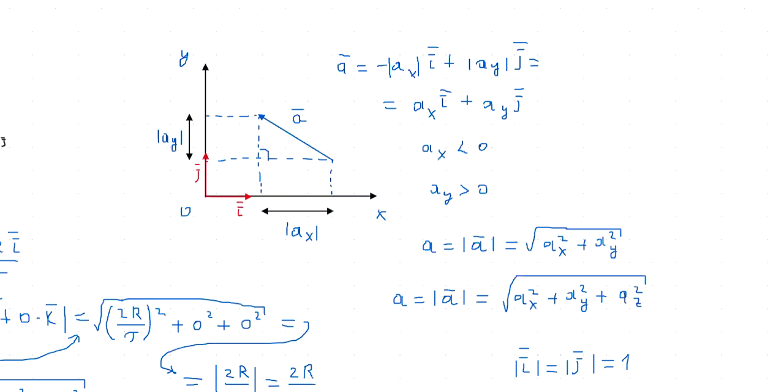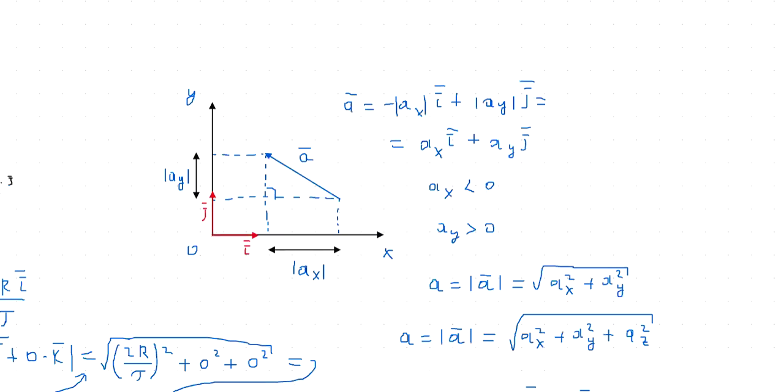And the situation is similar to what was shown here. Here we can see that ax is less than zero and ay is more than zero. Why? Because the direction of vector a is opposed to the x axis.